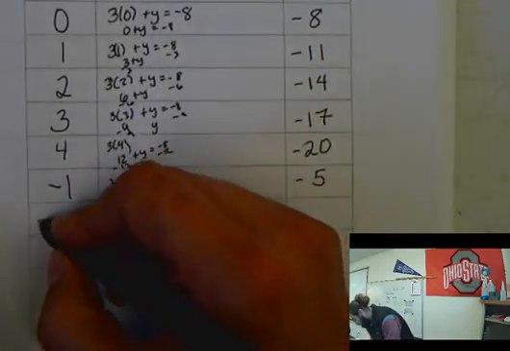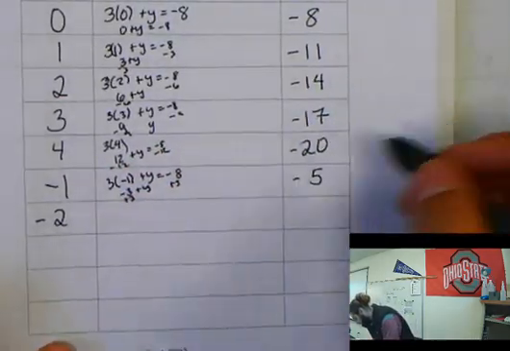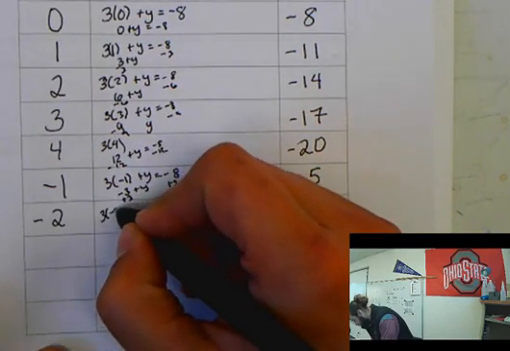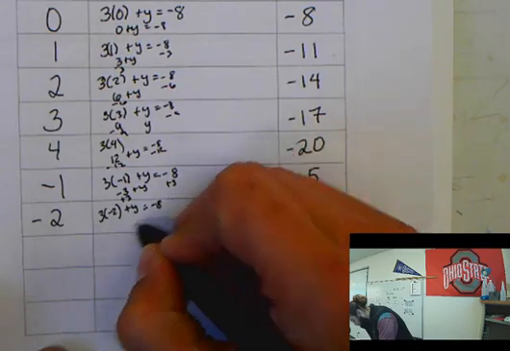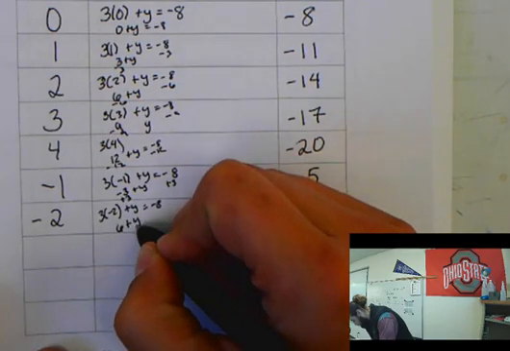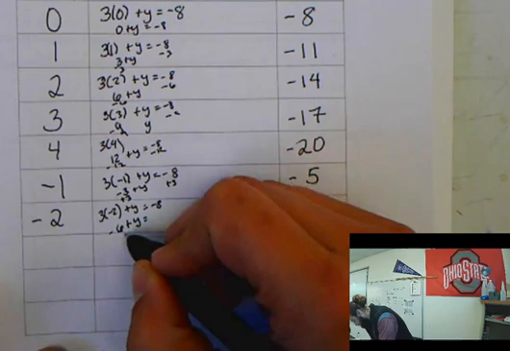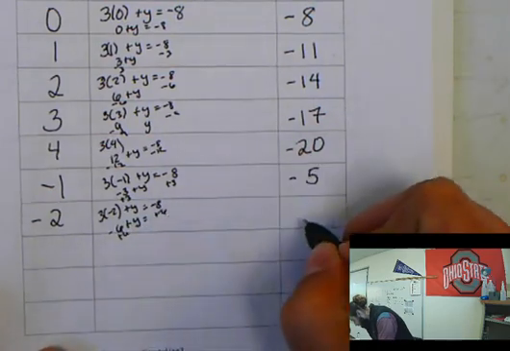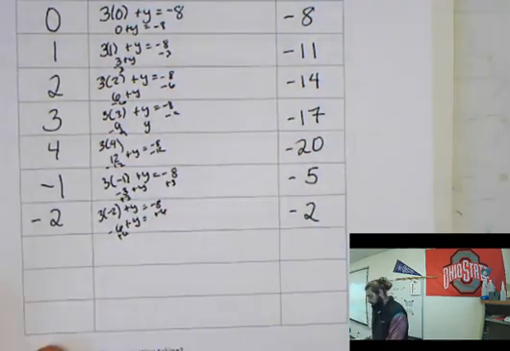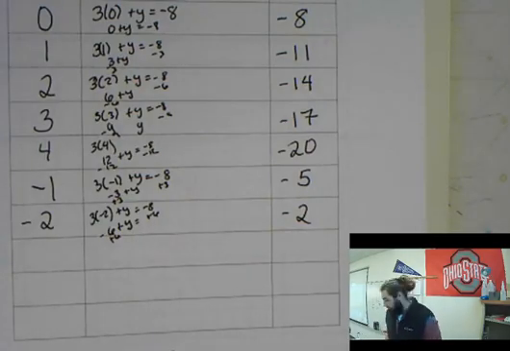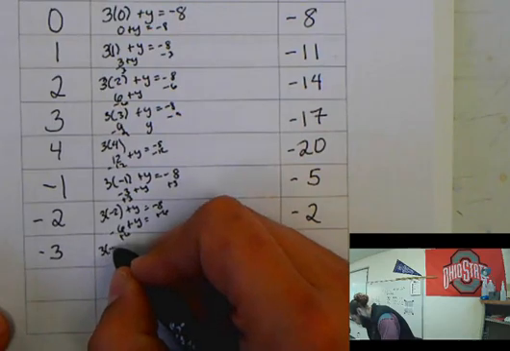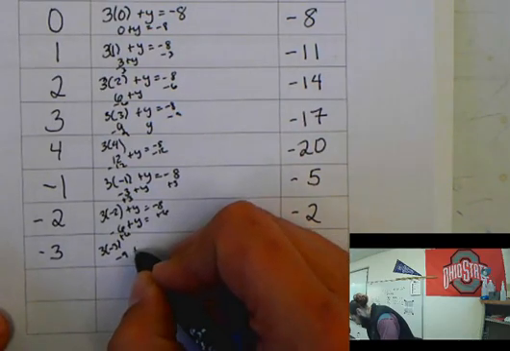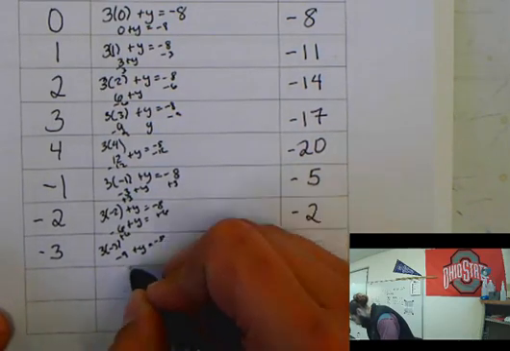So as we continue these, negative 2, so 3 times negative 2 plus y equals negative 8, so that's going to give me negative 6 plus y. Add 6 to both sides, and y is equal to negative 2. That should make sense. When we go negative 3, so 3 times negative 3 is negative 9, plus y equals negative 8.